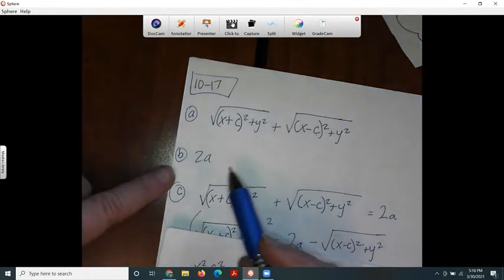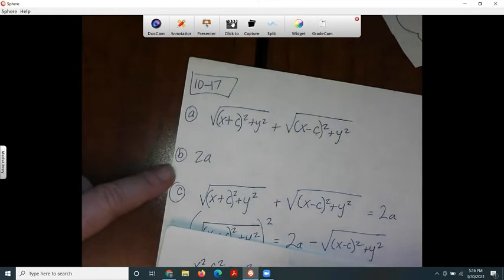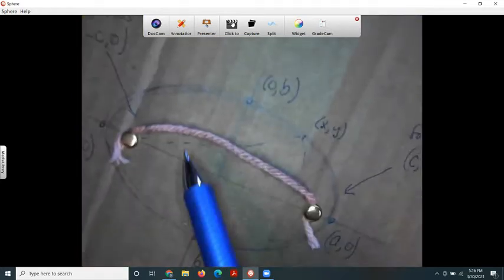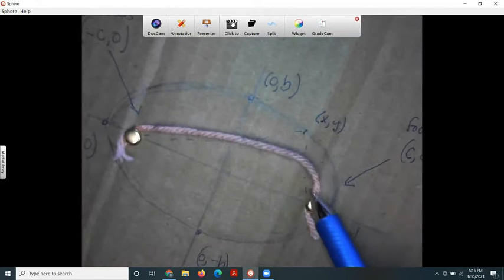Okay, and then letter B says the length of the dotted line that represents your string is the sum of the distances from any point on the ellipse to the foci. Using the diagram, what's the length of your string? So the length of your string is just this dotted line plus this other dotted line.